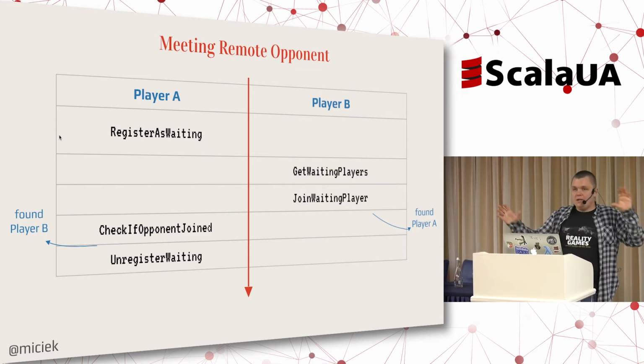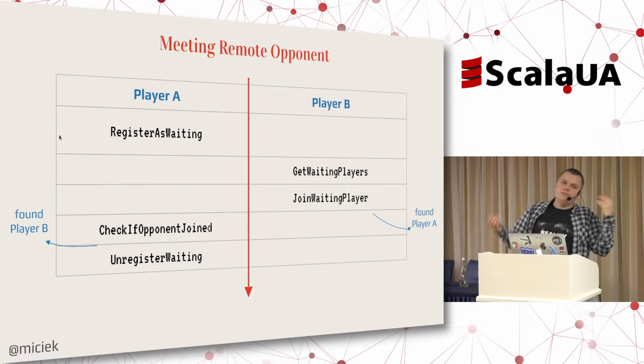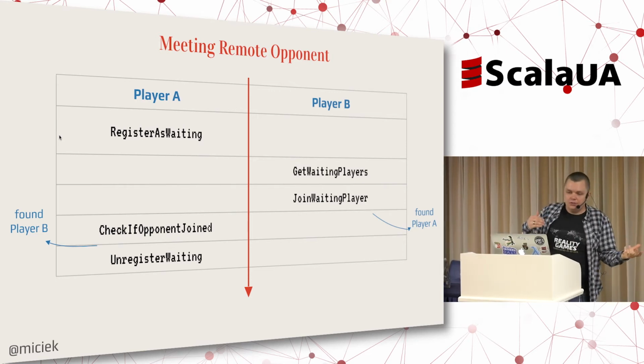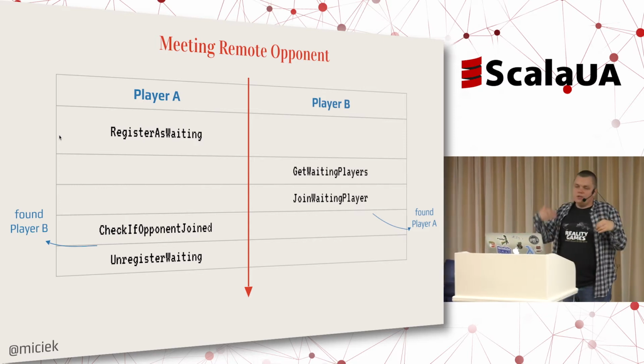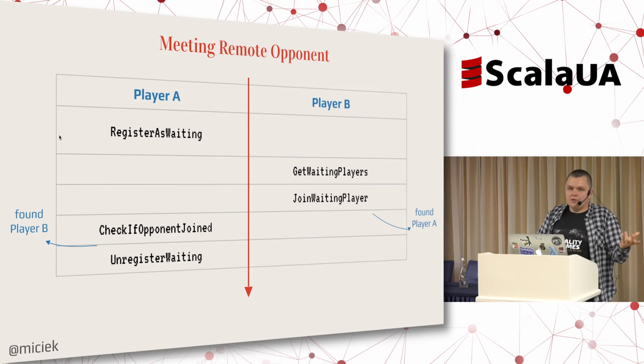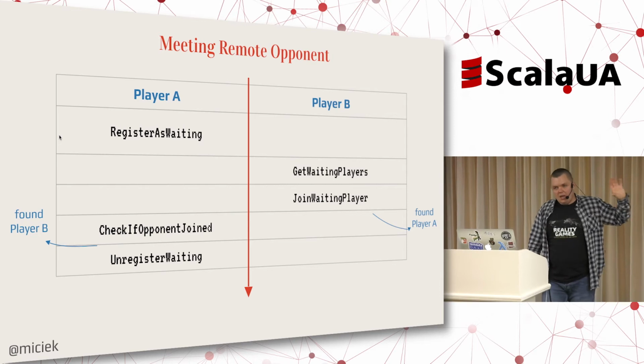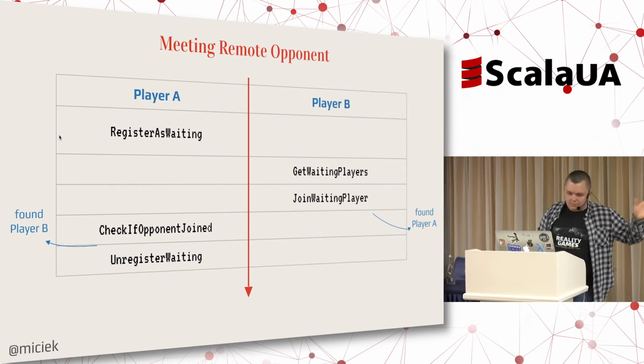We can have those two players register as waiting, and then get waiting players. If there is a player waiting, then we join that player. If not, we repeat the whole cycle. And of course, the one that registered, if it can see that someone registered for the game, just starts the game because those two opponents have found each other. So this is one of the algorithms. There are many other ones, and this one has some problems.